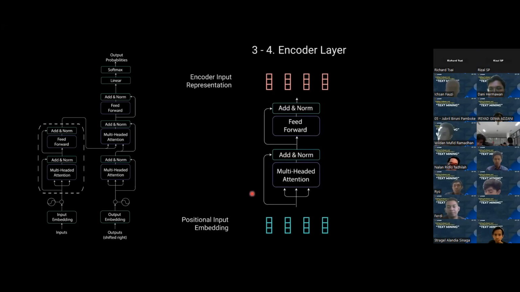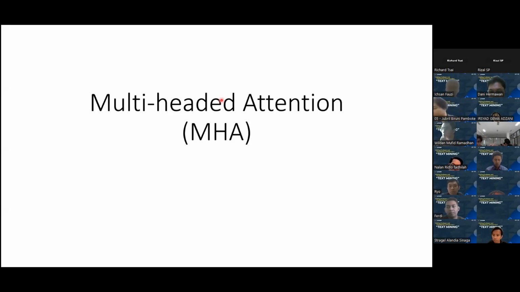The encoder layer takes the positional input embedding as input and generates the encoder input representation as its output. Now we dive into the mechanism of multi-headed attention.